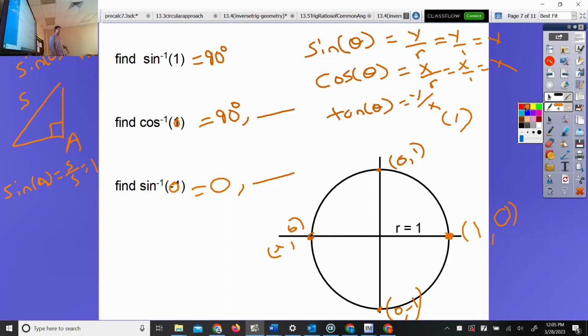Now, when you talk about arc sine of 1, what you're actually saying is where is the sine ratio of 1? That's what you're actually asking. Where is that sine ratio 1? And on a unit circle, sine is what coordinate? We reduce sine of theta all the way down to what?